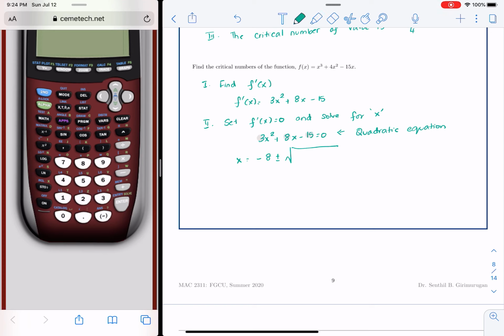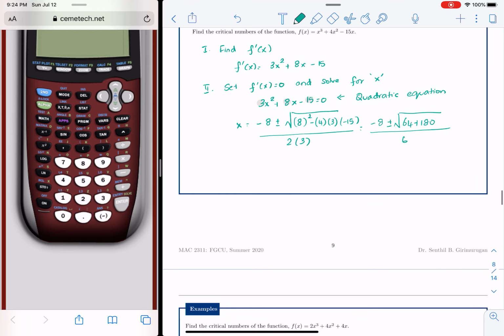So we have minus 8 plus or minus the square root of 64 plus 180, divided by 6. So minus 8 plus or minus the square root of 244 divided by 6.